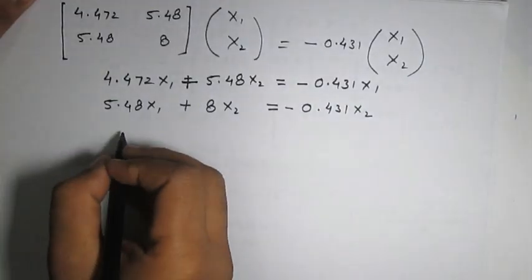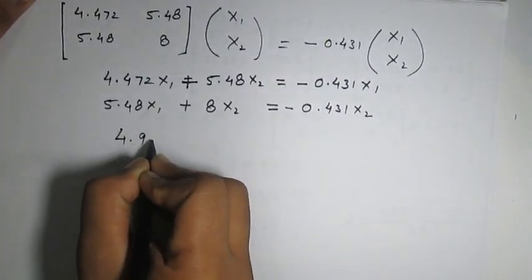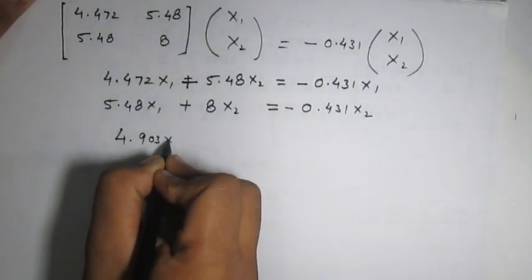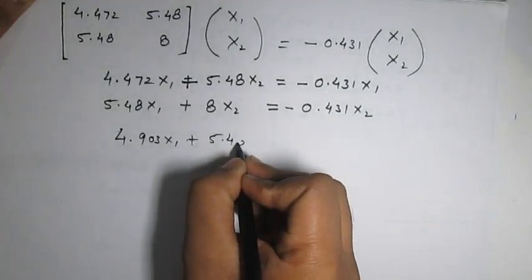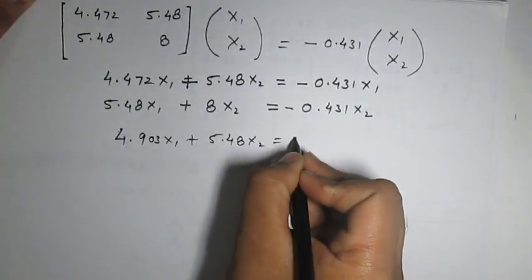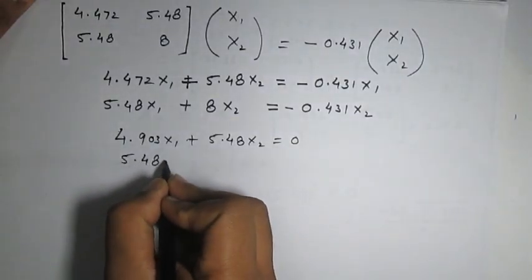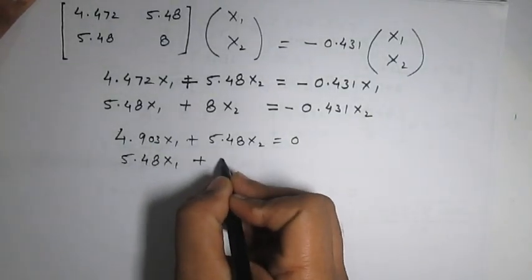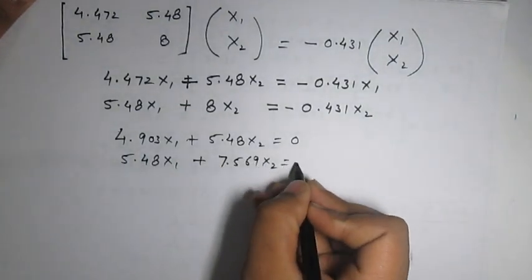Solving these two equations, we get 4.903 x1 plus 5.48 x2 equal to 0, and 5.48 x1 plus 7.569 x2 equal to 0.